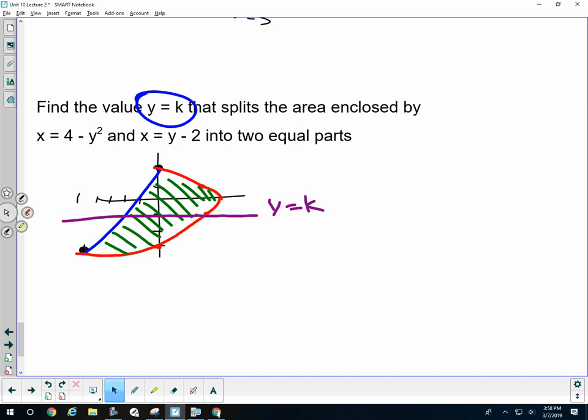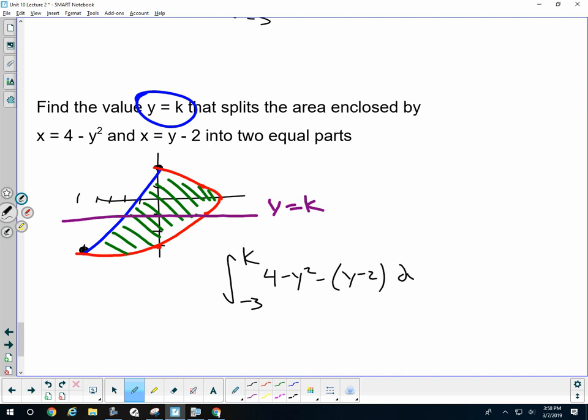In this situation, we'd go from the bottom to k, the integral from -3 to k of the right minus the left would have to be equal to half the total area from the previous one if we use our calculator.